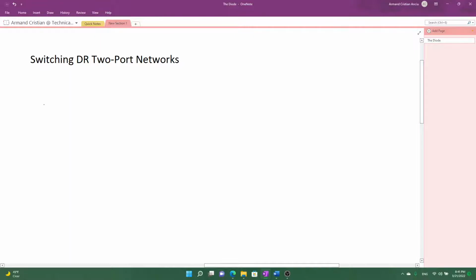A circuit with two ports is called a network, and this DR two-port network is also called a DR because it is composed of a diode and a resistor.